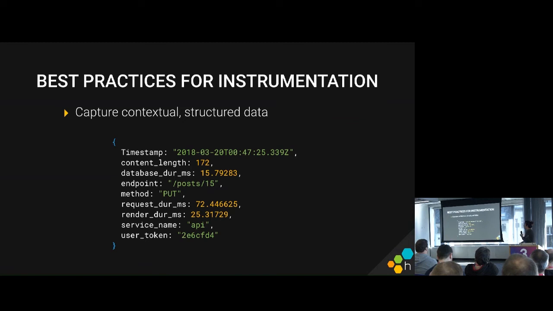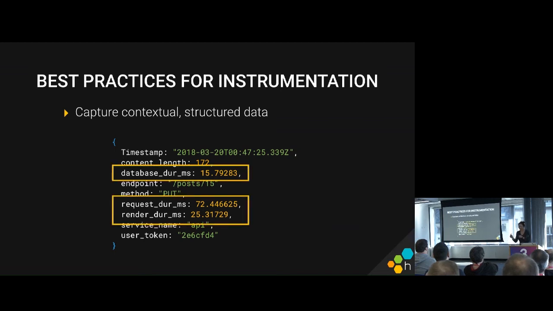What's especially lovely about this blob of key value pairs describing an HTTP request to, I guess, a web app, is that we have not just how long the request took, 72 milliseconds, we also have, of those 72 milliseconds, how much time it spent in the database, how much time it spent rendering. And this is the sort of thing that makes it really easy later to do real correlations, to do real sort of cause and effect analysis when it matters, knowing that those three timers are co-located on this one request.